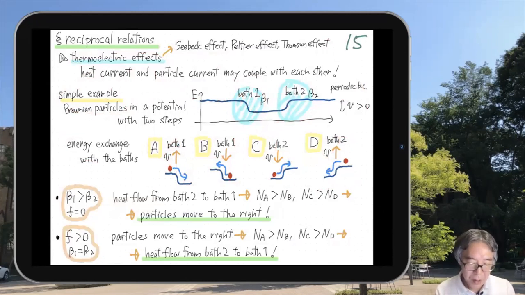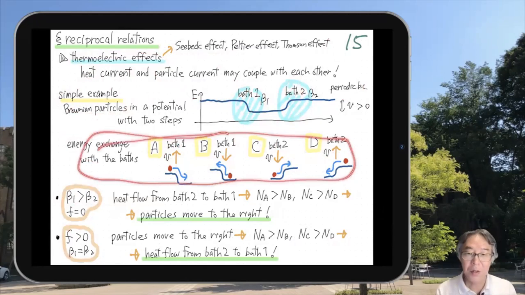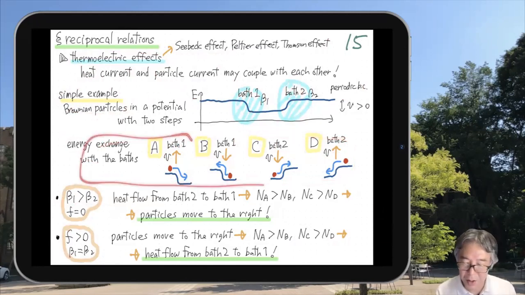Now, suppose that beta 1 is larger than beta 2. This means that bath 2 is hotter than bath 1. So then there should be a heat flow from bath 2 to bath 1. Now I assume that this process gives the dominant energy exchange between heat bath and the system.